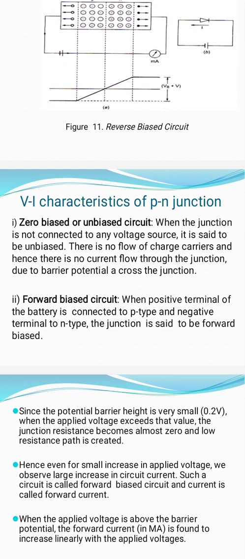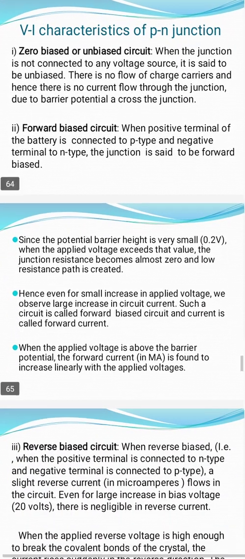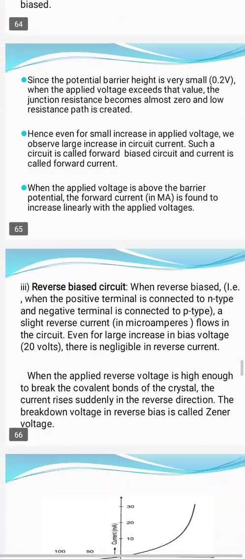When the applied voltage exceeds 0.2 volts, the junction resistance becomes zero and a low resistance path is created. Then current passes in the circuit even for a small voltage. This is called forward current, in terms of milliamperes.